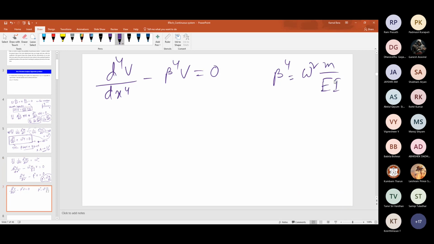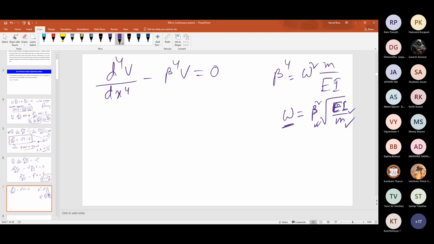If I can find out by solving this what beta is, once I find out the roots, I can find out omega as beta square root of EI by m. EI is the flexural rigidity of the beam, that is known to us, m is known to us. So I will find out the various roots of beta, and I can find out the system natural frequency.